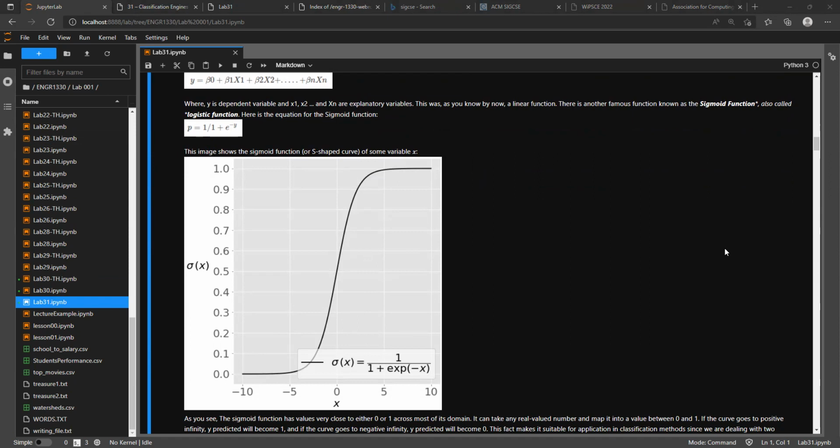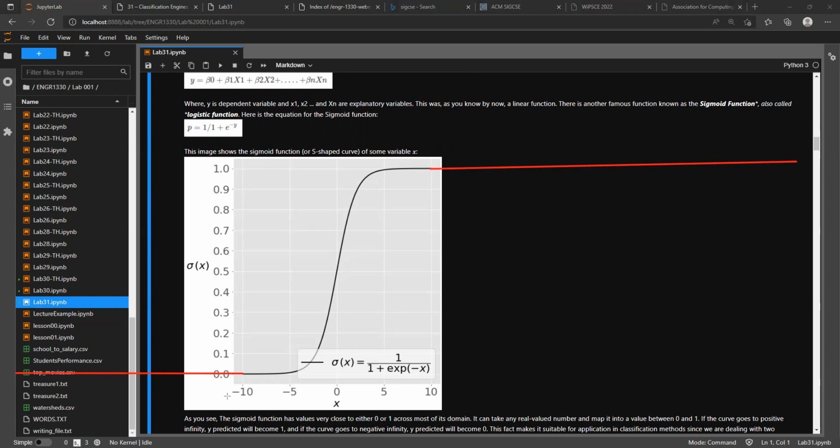Because as functions go, you got to remember this goes forever in this direction and this direction. So the vast majority of this function is 1 or 0. And by 1, I mean very close to 1. And by 0, I mean very close to 0.